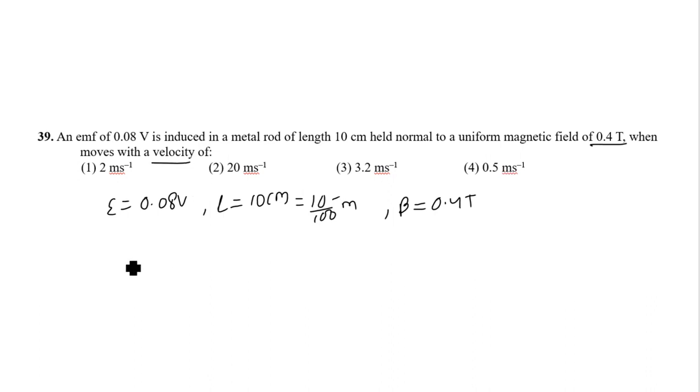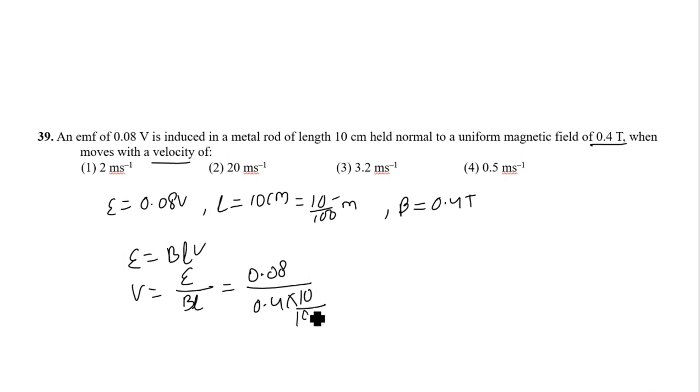We know the direct formula for EMF is equal to BLV, so V is EMF by BL. Now put all these values: 0.08 divided by 0.4 into 10 divided by 100.